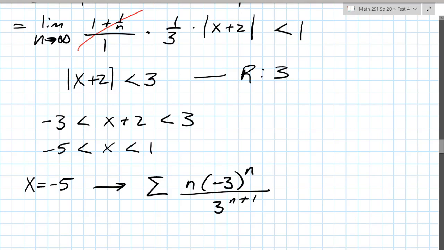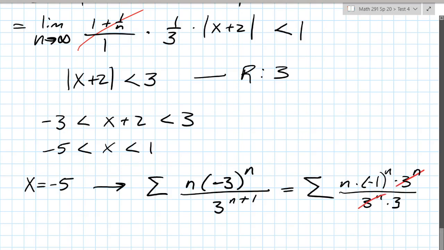So what does that simplify to? That simplifies to n times -1 to the n times 3 to the n over 3 to the n times 3 to the 1. Canceling here and here.